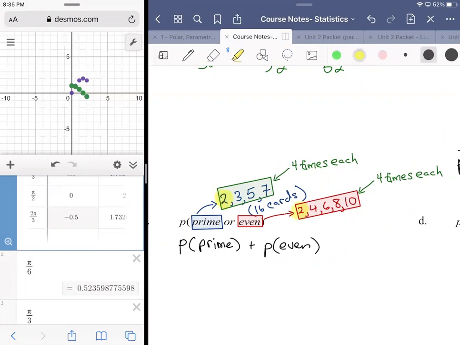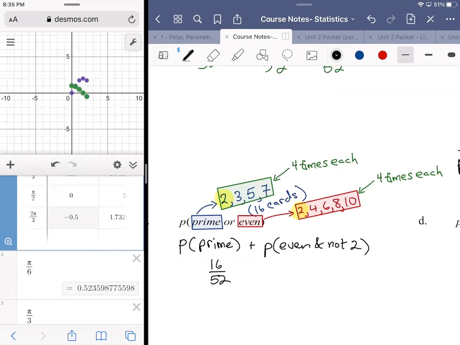So what I can do is eliminate it from one of the sets, right? So I would adjust this to say an even number and a number that is not 2. Because when I count my prime numbers here, I get 16 out of 52. I've accounted for all of my prime numbers.